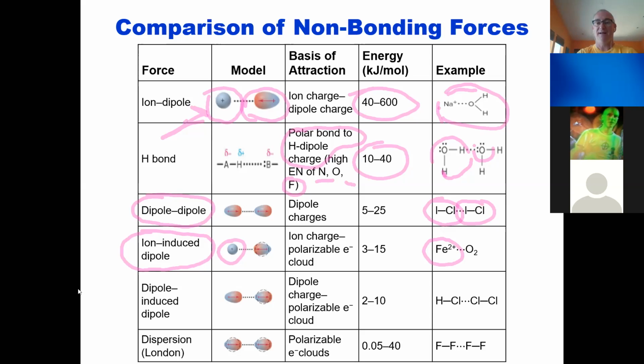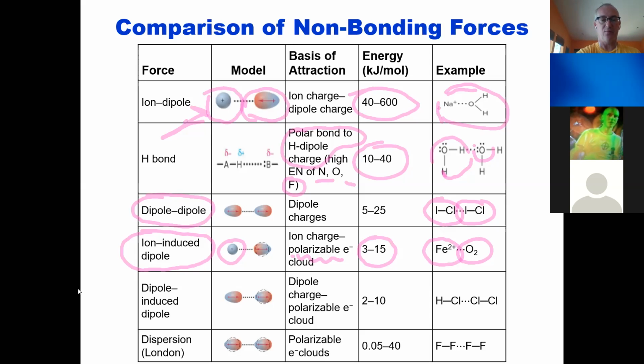And as it does that, it induces a small dipole on something that usually doesn't have a dipole. It polarizes that other molecule. It forces it to become slightly dipole-like. And so that is pretty weak.